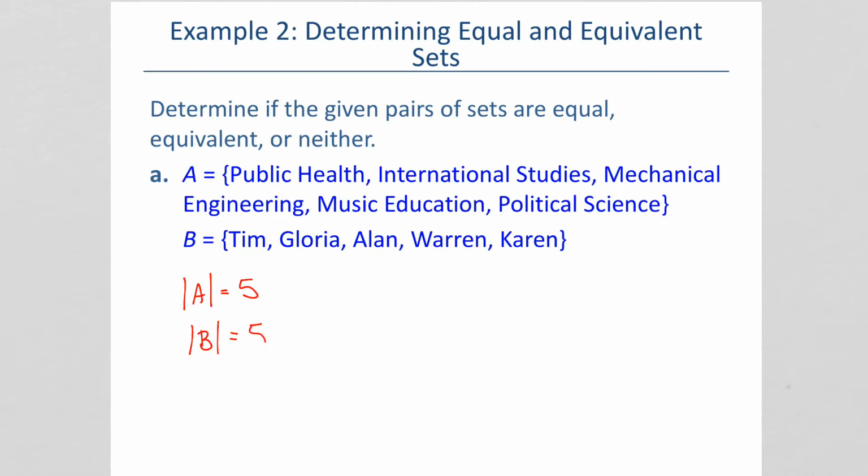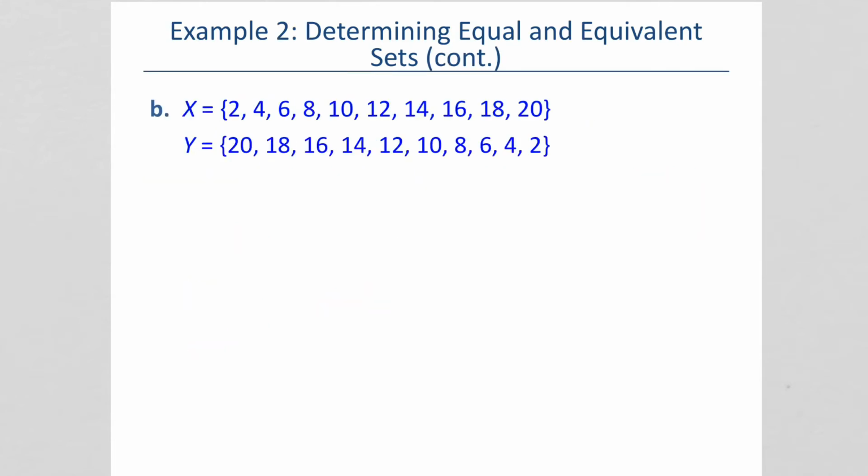B also has 5 items. So they're not equal, but we can say that they are equivalent. X and Y, if you look at these carefully, even though they're listed in a different order, they still contain the same numbers. So we can say that X is equal to Y.